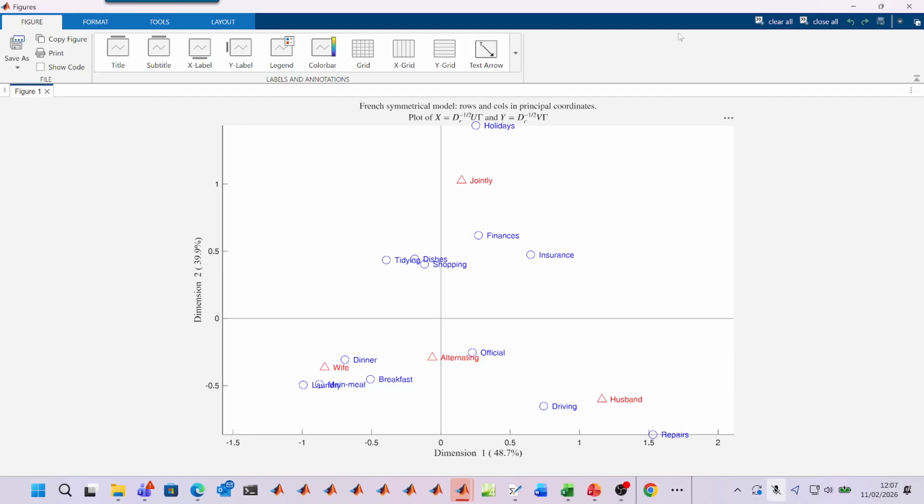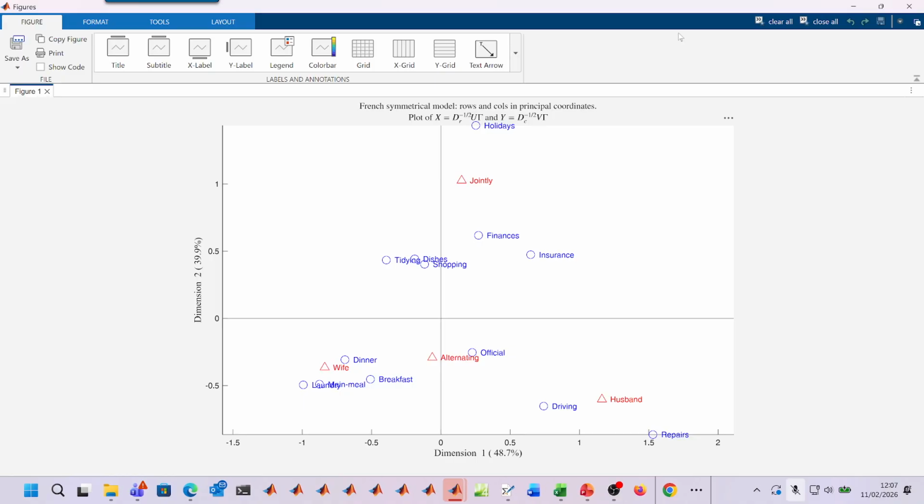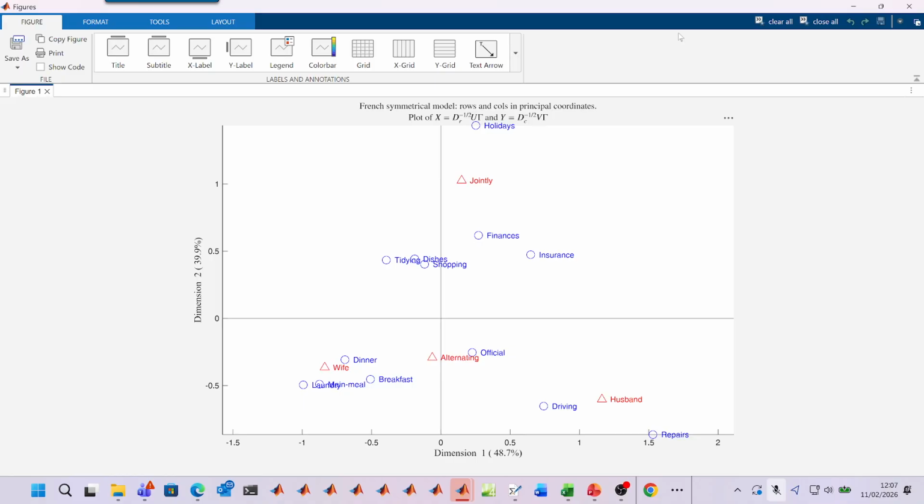Sometimes the husband, sometimes the wife, and then you see that tidying dishes and shopping are intermediate between wife and jointly. Can you see this point? This is absolutely in between.